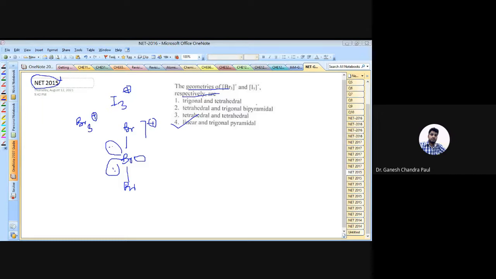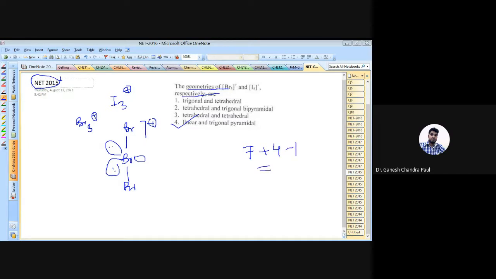It is I5+, yes. So if you just try to draw, iodine 7 from another 4 iodine, it is 4, for positive charge minus 1.